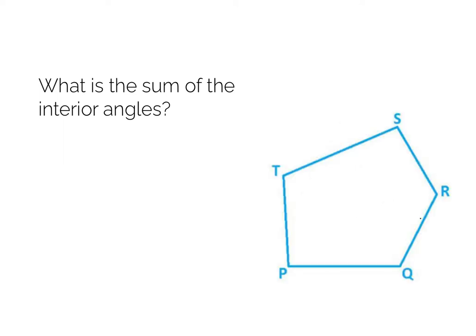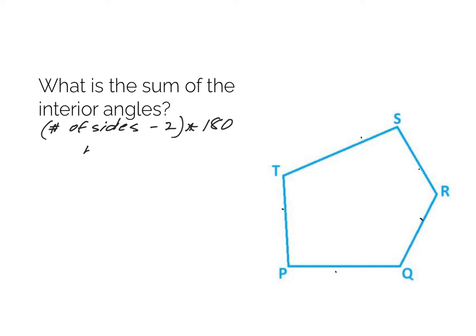What about a 1, 2, 3, 4, 5-sided figure, which is a pentagon? What is the sum of the interior angles for a pentagon? We use the theory, the number of sides minus 2 times 180 to tell us how many degrees are on the inside.